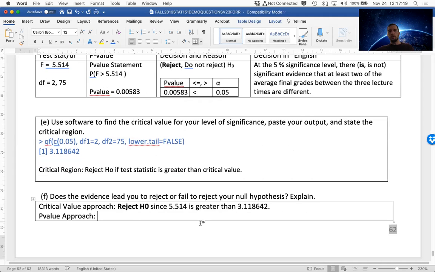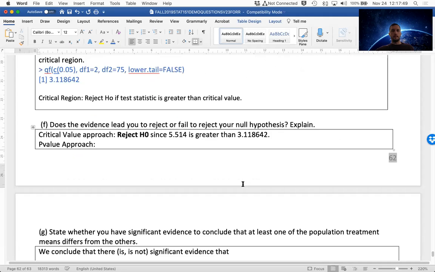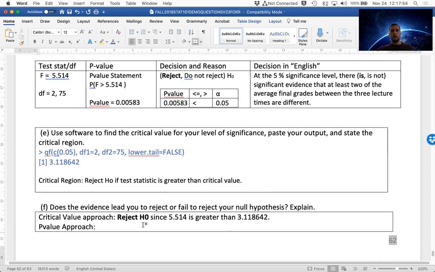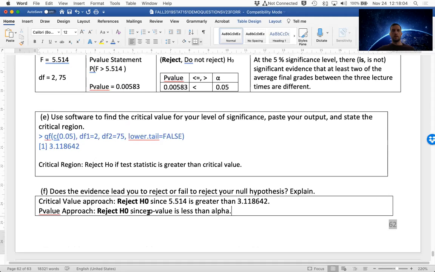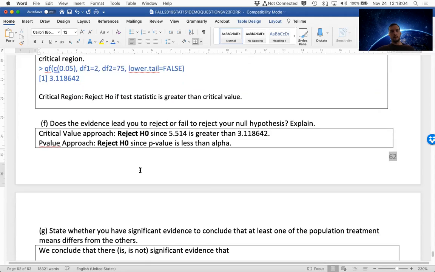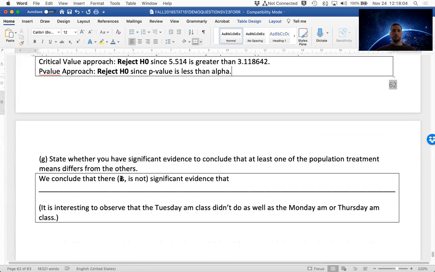And then the p-value approach, we already did this above. Again, we would reject H0 since the p-value is less than alpha. And then in G, same thing as before.